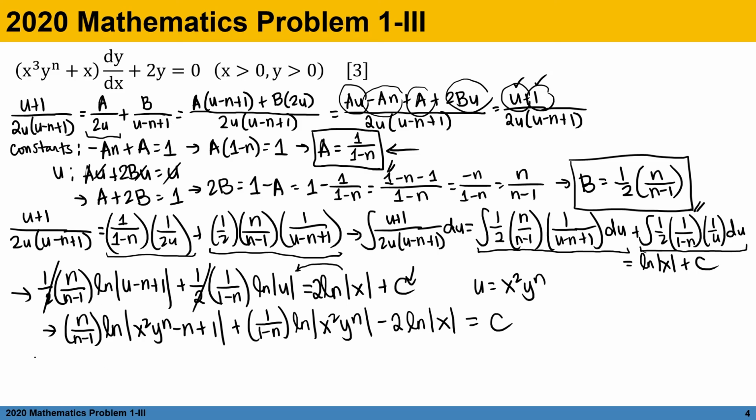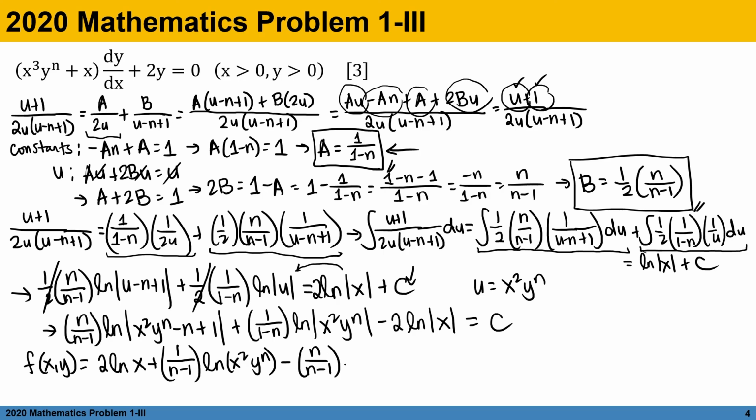So overall, we can express the desired function f of x comma y as 2 ln of x plus 1 over (n minus 1) of ln of x squared y to the n minus n all over (n minus 1) ln of (x squared y to the n minus n plus 1) equals c.